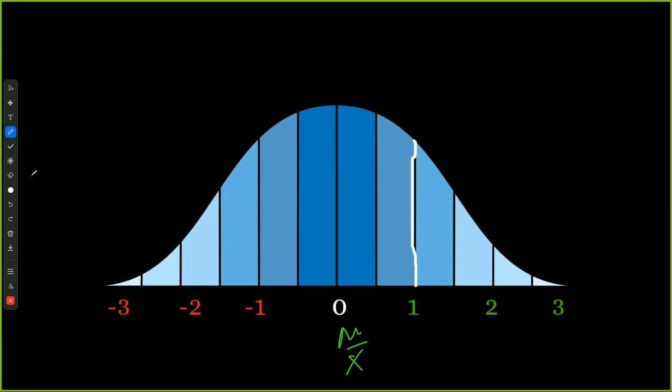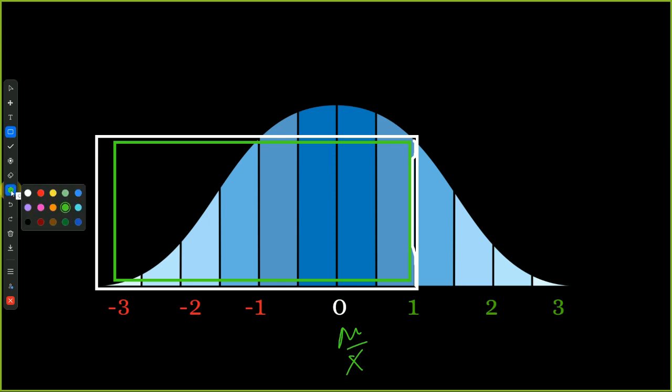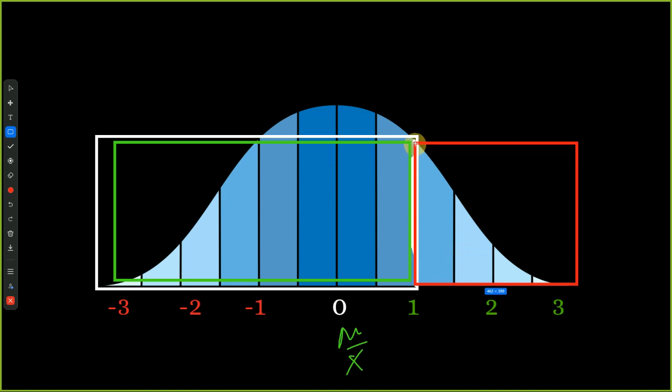That means all of this shaded region is essentially going to be highlighted as green, just to save us time on drawing, with this remaining value being anything outside that region.